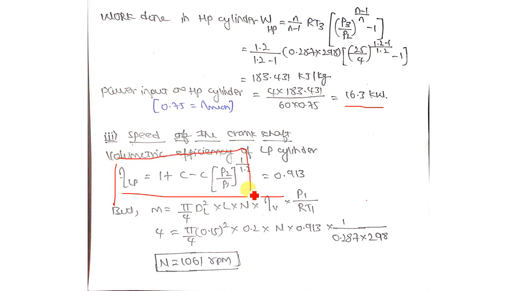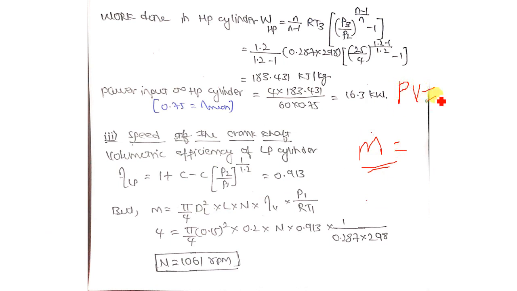How to calculate the speed of the crankshaft? Since the mass flow rate of the air is given, for the ideal gas equation, PV equals mRT. From this, m equals PV divided by RT.